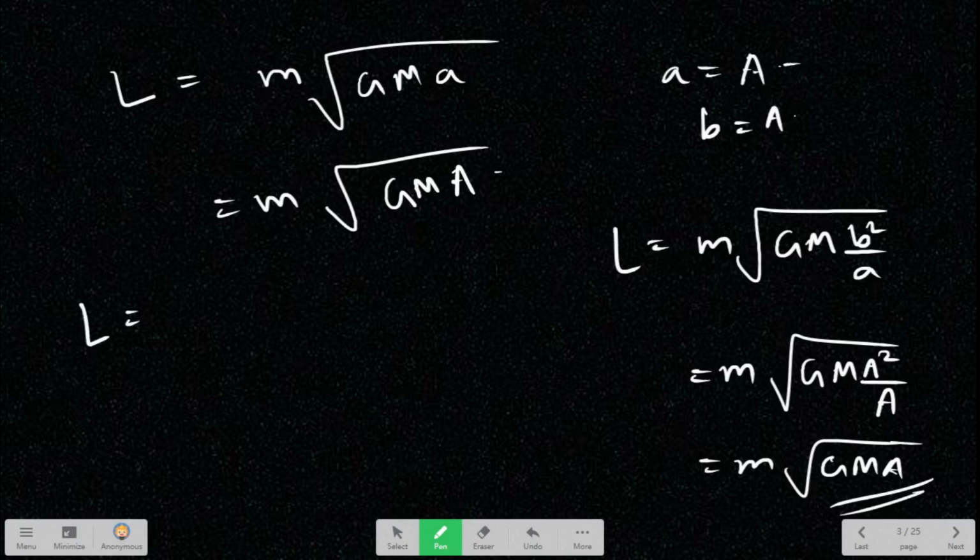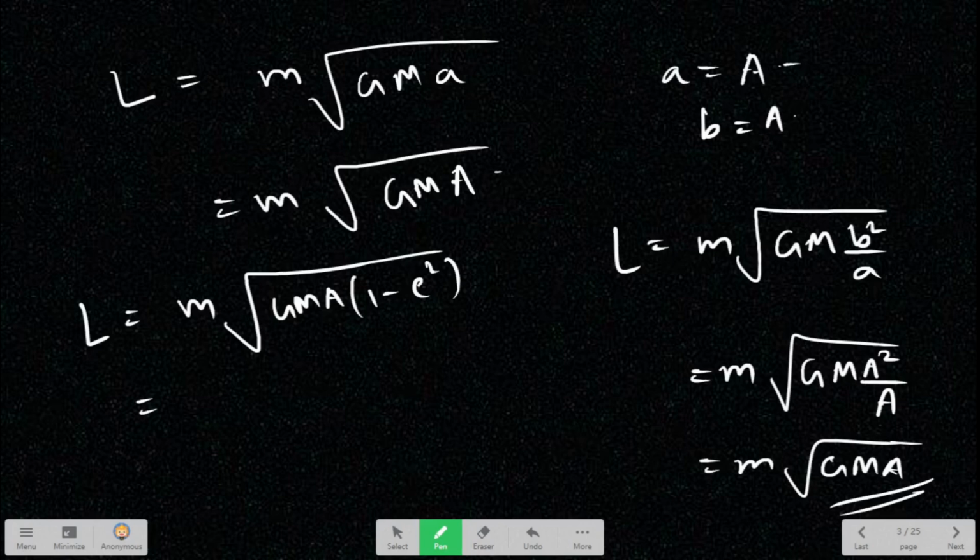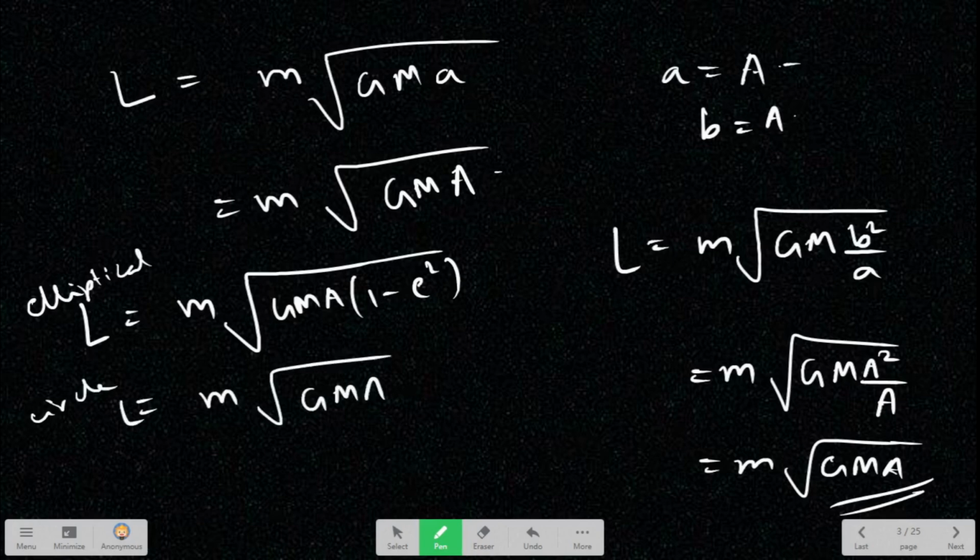L is equal to m into root of GMA into 1 minus E square only for elliptical. For a circle, L is equal to m into root of GMA. So L changes, E does not change.